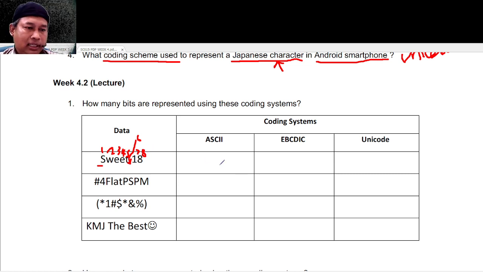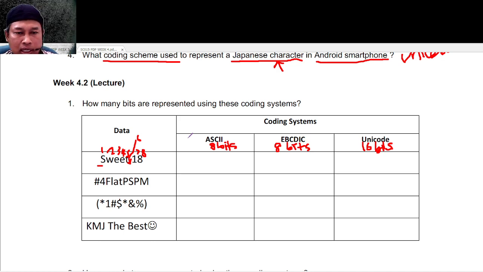So 8 characters. You must remember ASCII uses 8 bit, EBCDIC uses 8 bit, and Unicode uses 16 bit. You must remember the different number of bits used by the coding schemes ASCII, EBCDIC, and Unicode.